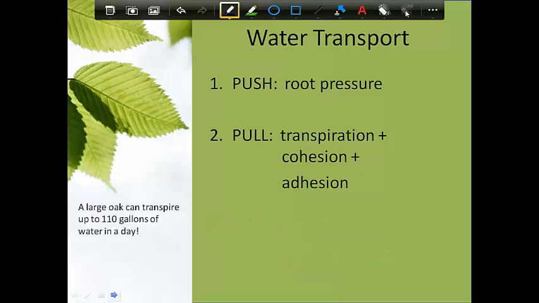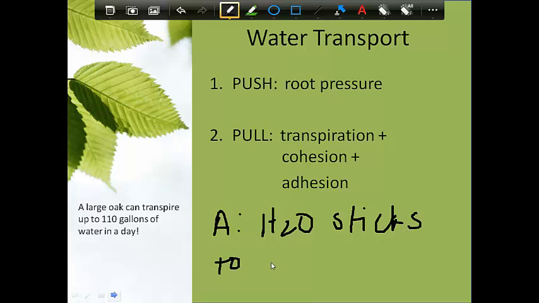The last one, adhesion, is important so that the water doesn't fall back down with gravity down those xylem vessels that we just talked about. So adhesion is the fact that water sticks to other things.